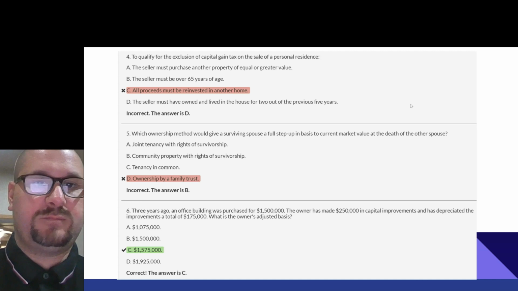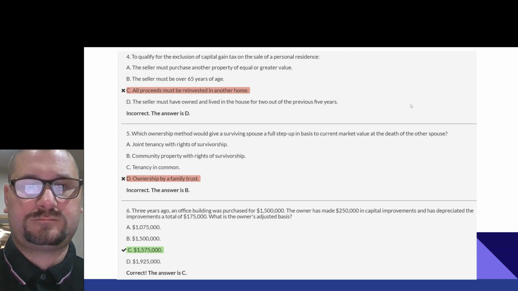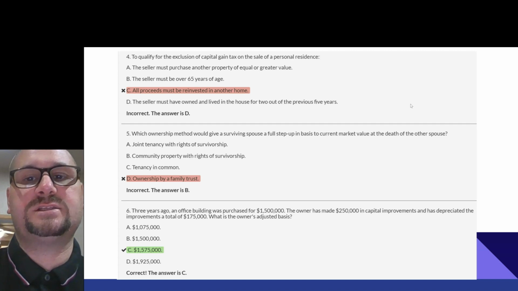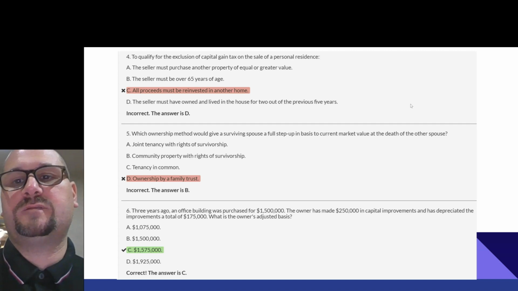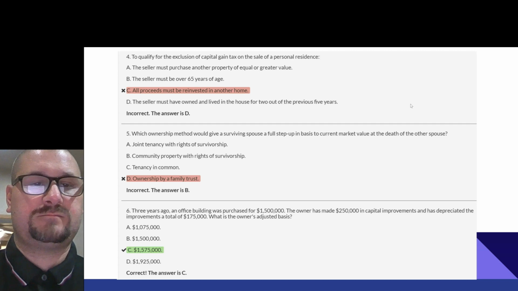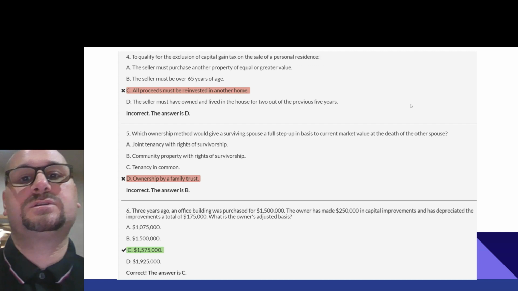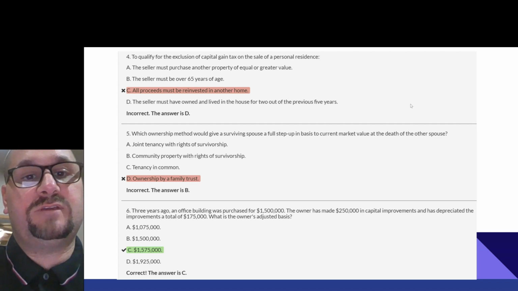Which ownership method would give a surviving spouse a full step up in basis to current market value at the death of the other spouse? Bravo, community property with right of survivorship. The keyword here is surviving, right?